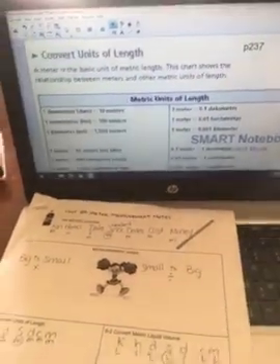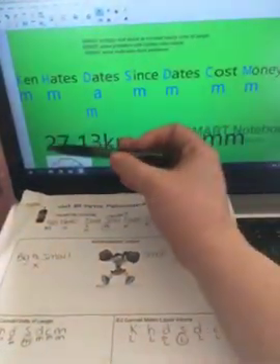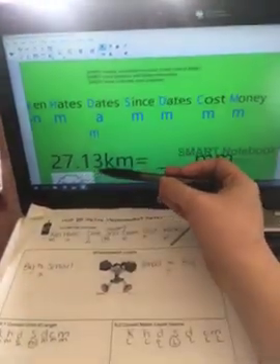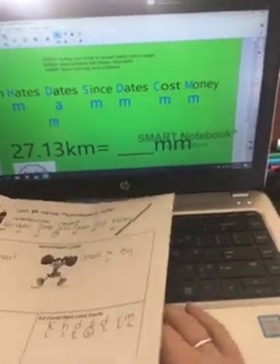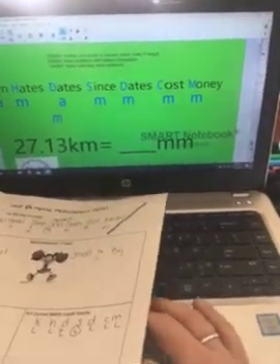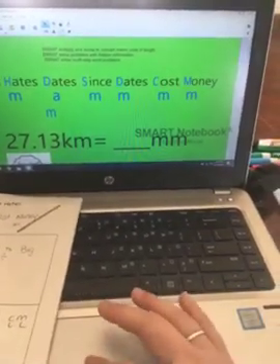And this was your homework that you had the other day. Let's do a sample problem together. If you have 27 and 13 hundredths of a kilometer, let me pull up my drawing tools so I can write with you.